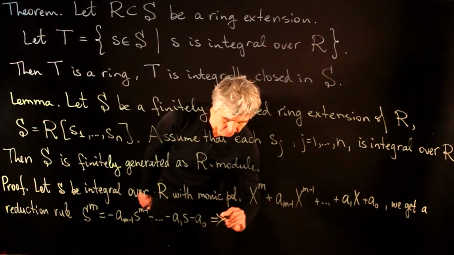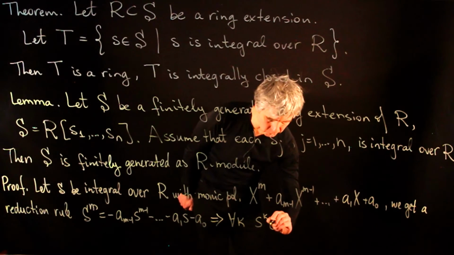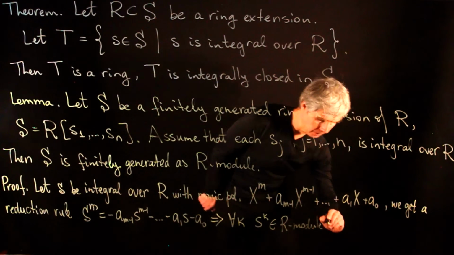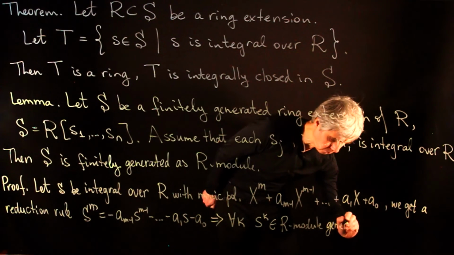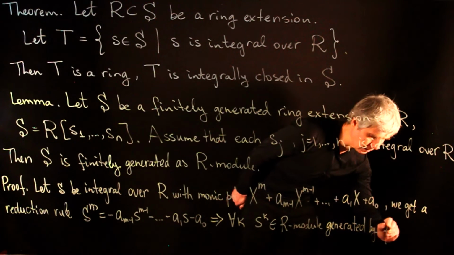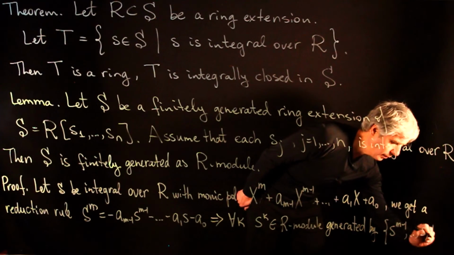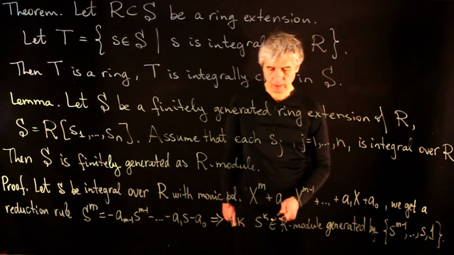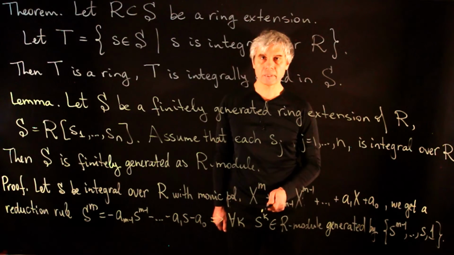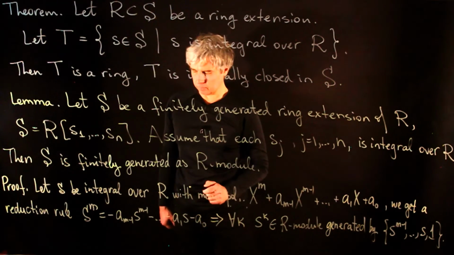And it follows that for every k, s to the power k belongs to the R module generated by the set s to the m minus 1 through s and 1. If k is less than m, then this is trivial, and if k is greater than m, this claim follows from this reduction rule.